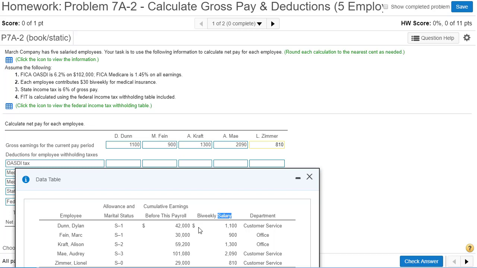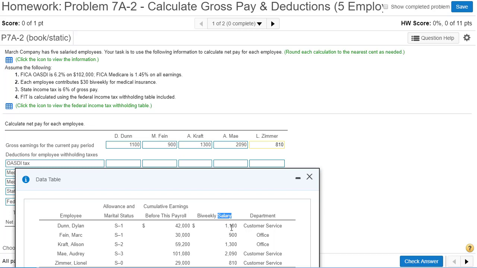So let's see if anyone is above the limit. Dylan is not, Mark is not, Allison is not, and then here comes pesky Audrey May. When we get to Audrey May, we have to realize that she's going to be over the $102,000 wage base, so that's going to make the calculation a little bit more difficult. But everyone else is below the 102,000 limit.